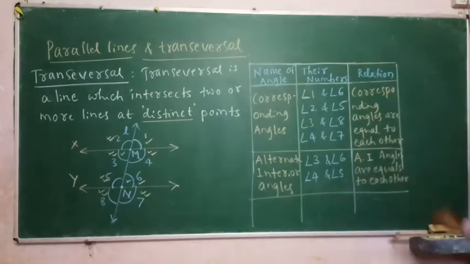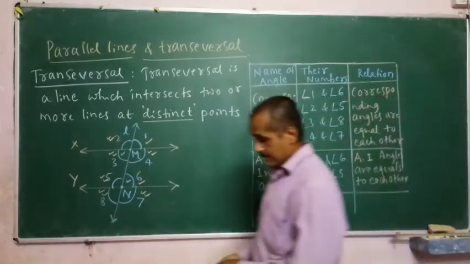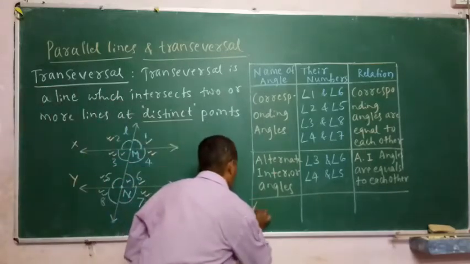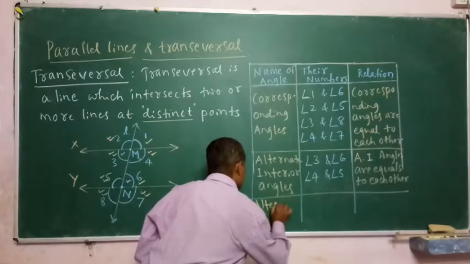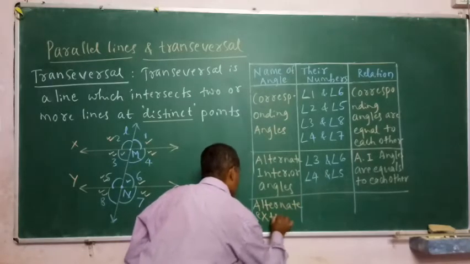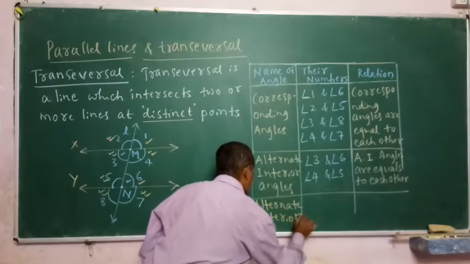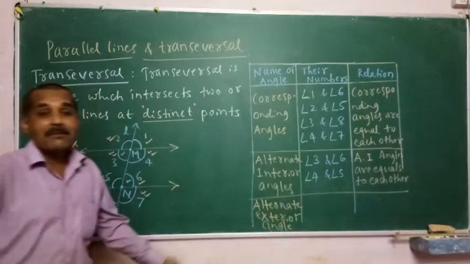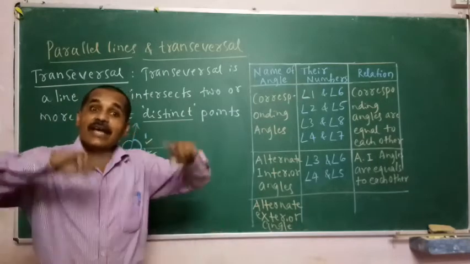This is the second group of angles. The third one is alternate exterior angles. The name itself says alternate exterior.